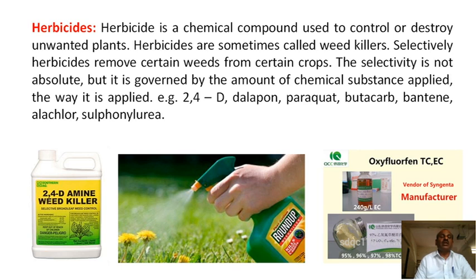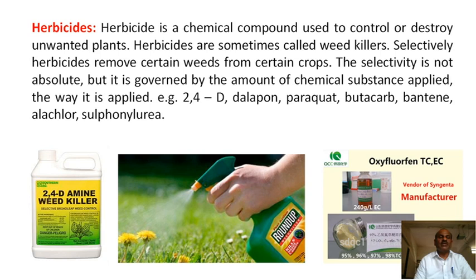Herbicides also kill unwanted weeds so that the plants can grow, and the weeds have to be selectively destroyed. This is one of their important properties: selectivity, removing certain weeds from certain crops.